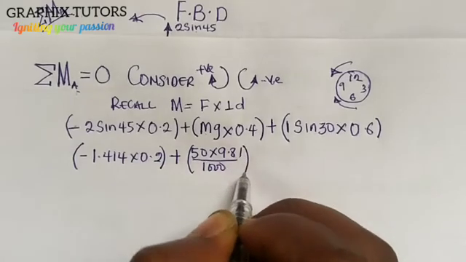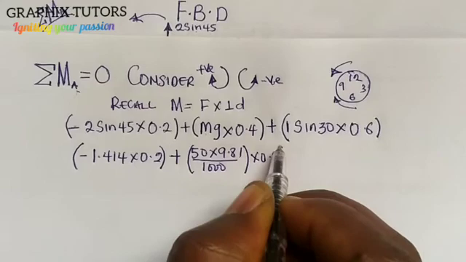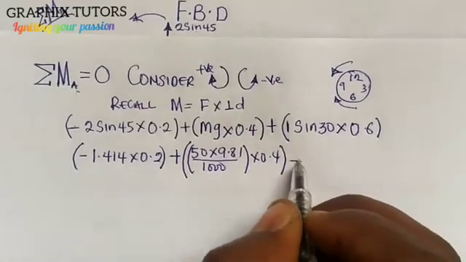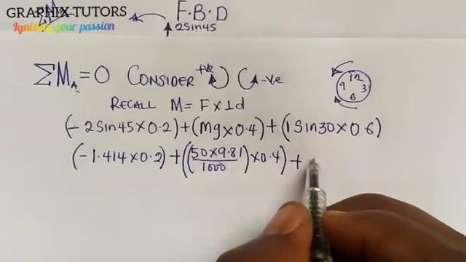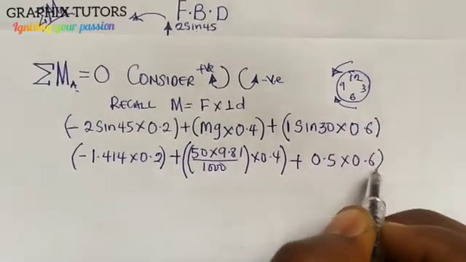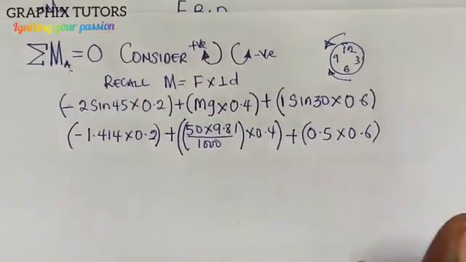Then everything here multiplied by 0.4. Is that taken? Everything here multiplied by 0.4, plus 1 sine 30 is 0.5 times 0.6. So we'll move forward. Now we're going to the next one. 1.414 times 0.2 will give us 0.283.